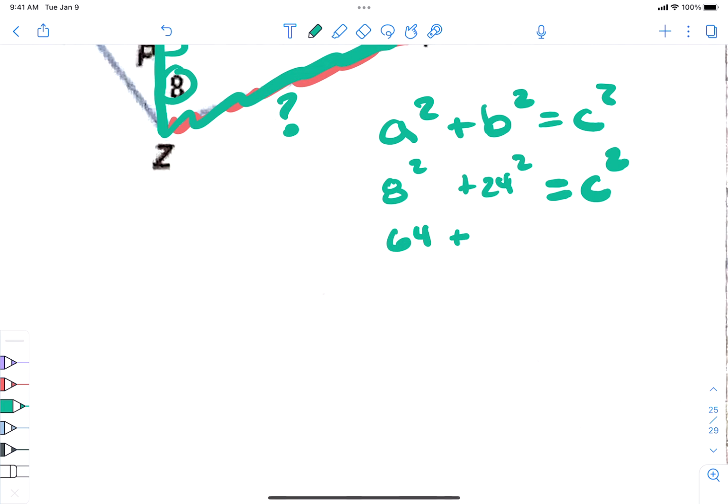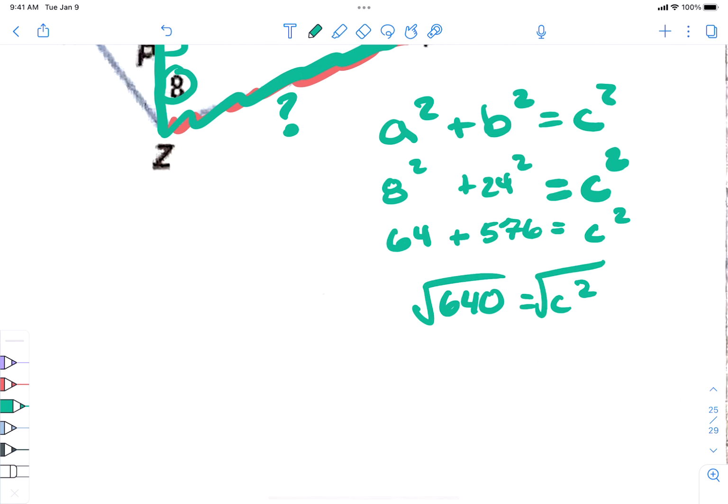64 plus 576, I think, is that one. Is that right? I think it is. And then 64 plus 576 is 640. And then we take the square root. The square root of 640 is like 25 point something.